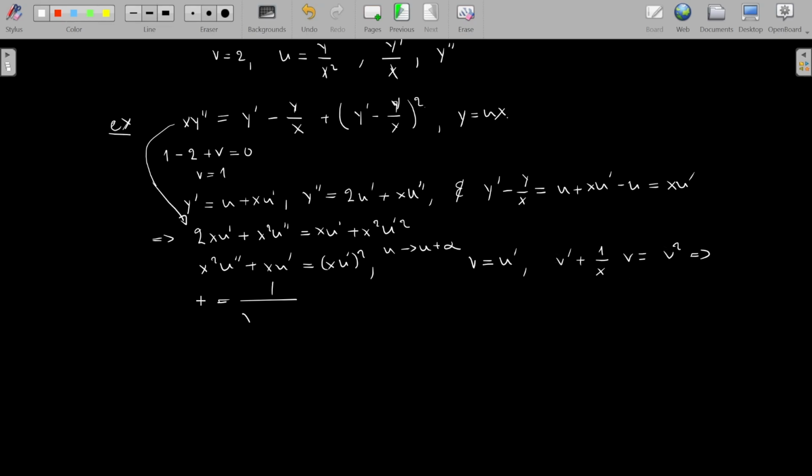Hence, if you solve this, you'll get x times a constant minus ln of x, meaning that u is minus ln of x minus 1 plus another constant. And finally, the solution we are looking for is minus ln of x plus, sorry, plus the constant times x.